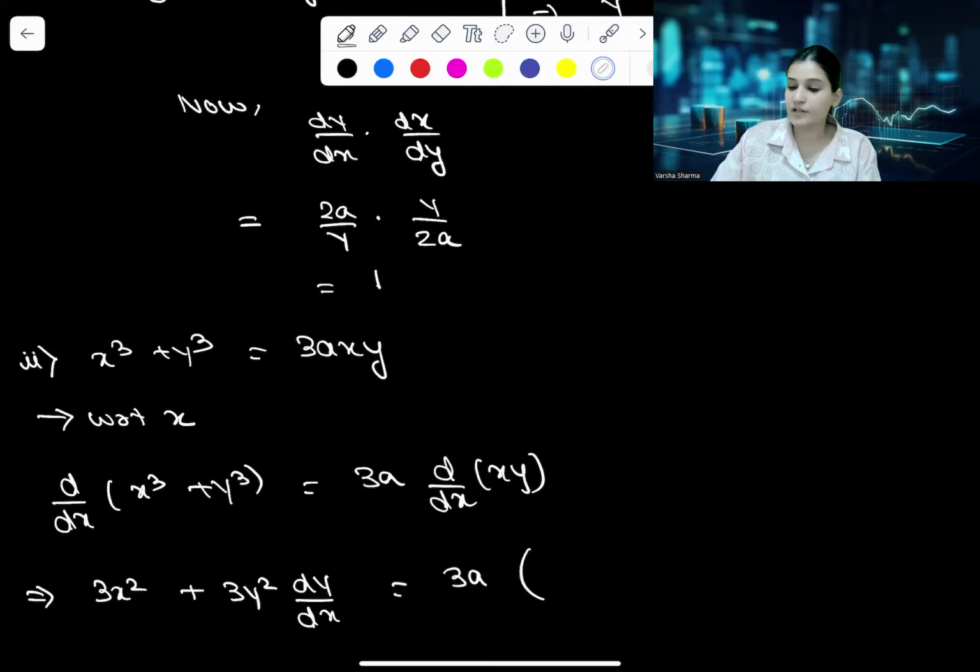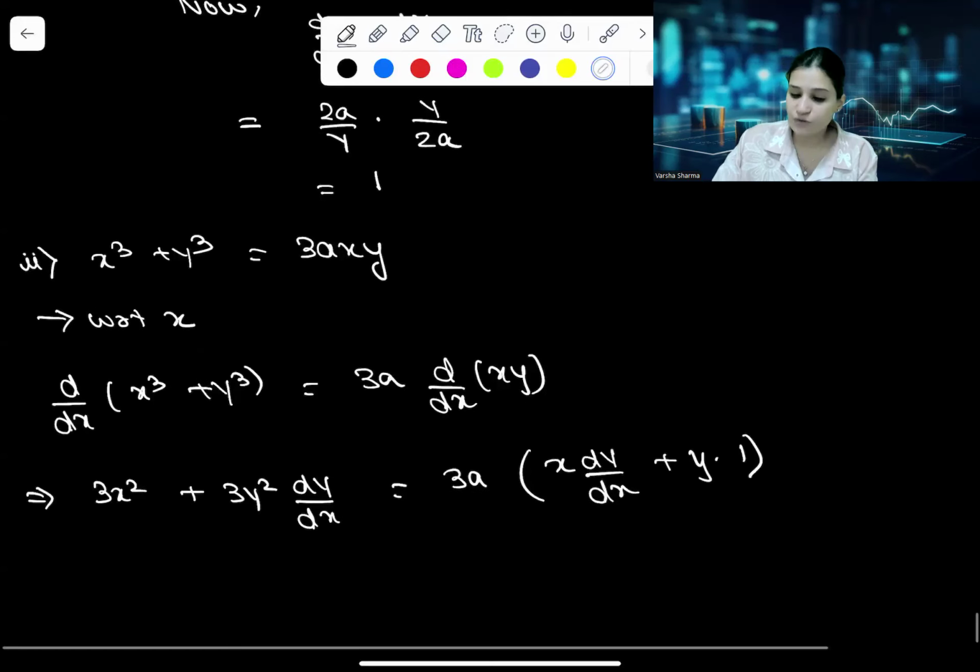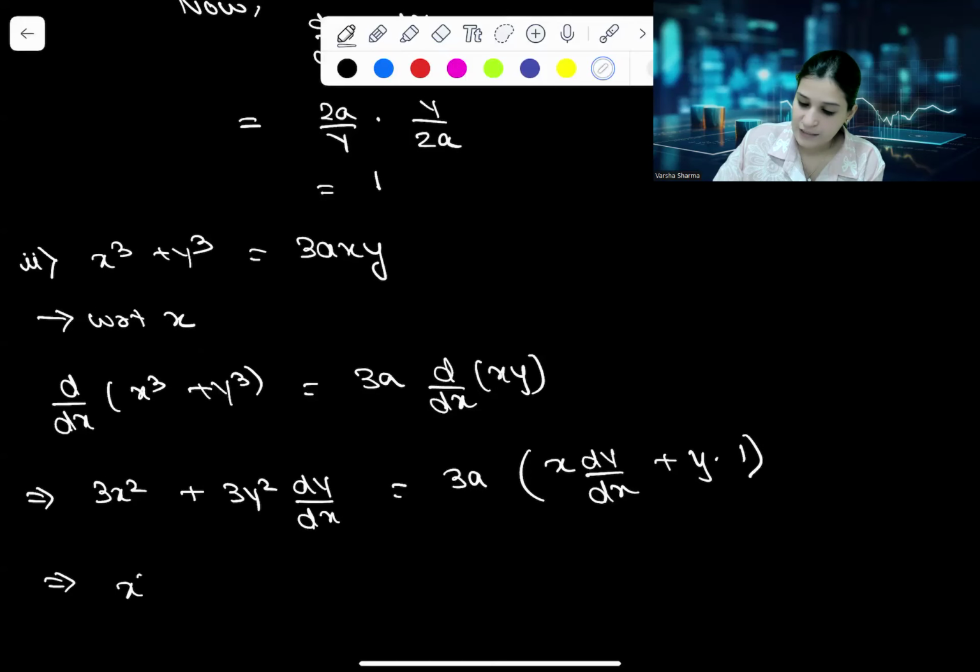Applying product rule on the right, leaving x, y becomes dy by dx, plus leaving y, x becomes 1. We can cancel out 3. x square plus y square dy by dx equals ax dy by dx plus ay.